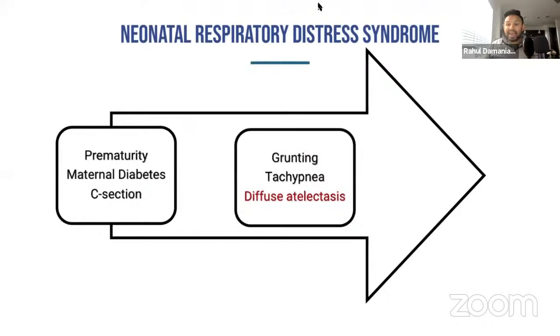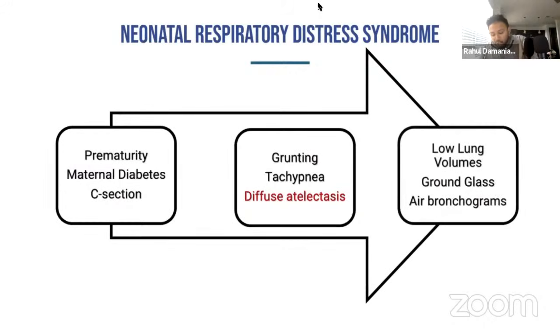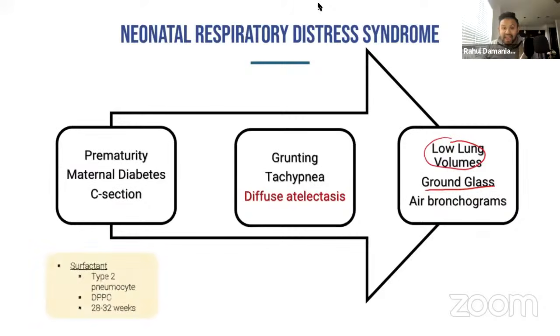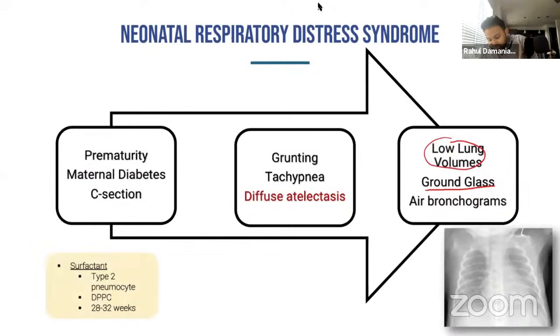The patients are going to have diffuse atelectasis, no surfactant. Those itty bitty grape-like alveoli can't stay open. And thus you have low lung volumes and these ground glass opacities, which represent alveolar atelectasis. And then all the air goes centrally and you see the bronchi, which have a nice histologically high cartilaginous structure, right?